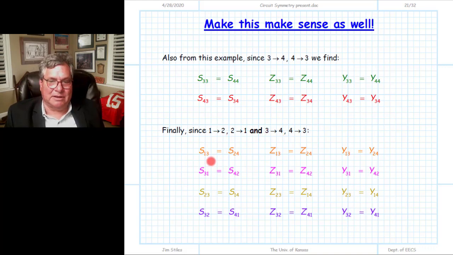So we can't make the argument, and sometimes students do, that S13 is equal to S23, for example. We can't. 1 goes to 2, but also in that same reflection process, 3 reflects onto 4. So S13 is equal to S24. S31 is equal to S42. 3 goes to 4, 1 goes to 2, for example. And so we have these equations as well.